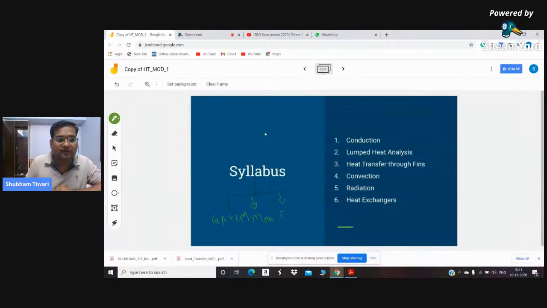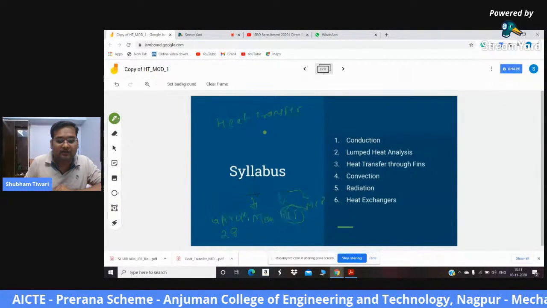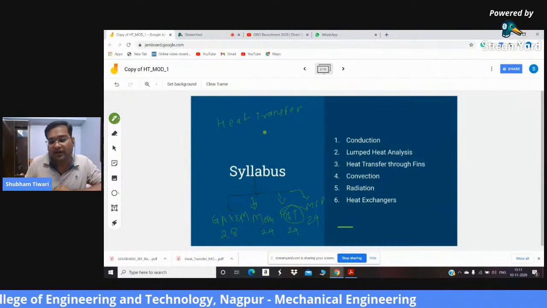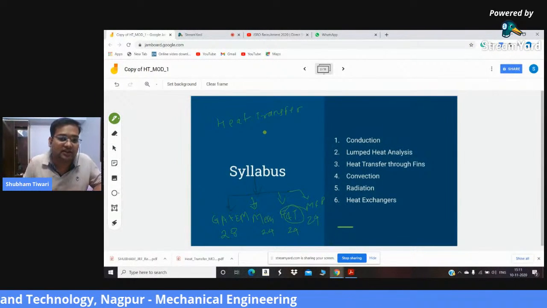Then we have fluid and thermal, and finally manufacturing and production. The subject of heat transfer falls under the category fluid and thermal. In the GATE examination, this section has a combined weightage of 28 marks, and the remaining 3 sections can be said to be equally divided with 24 marks of weightage each.